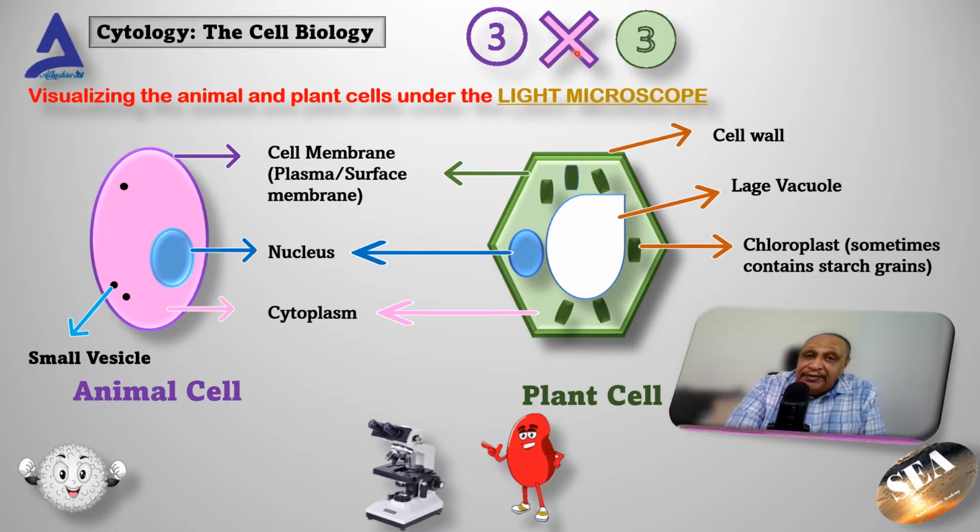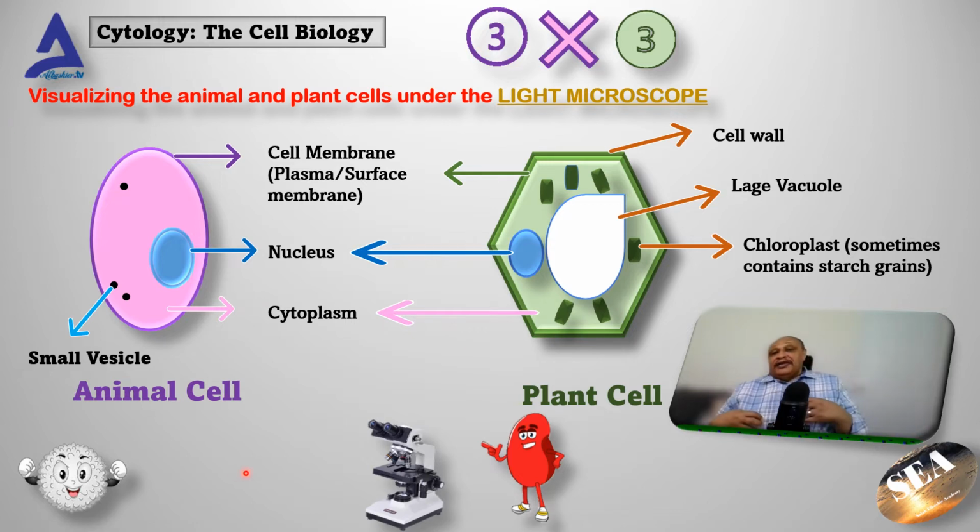Of the 3 by 3, one set is for both of them, but the other set is only for the plant, and this is why I'm doing it here in green, so you are sure to know that. So those are the differences. Those are only present here.